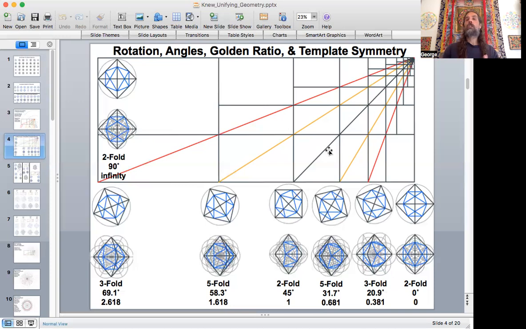We have the golden ratio relationship to where these stopping points are as we make our way through. And then we have the template that is presenting itself to make that drawing, to make that rotation visible to us, or the stopping point, in threefold, fivefold, and twofold symmetries.